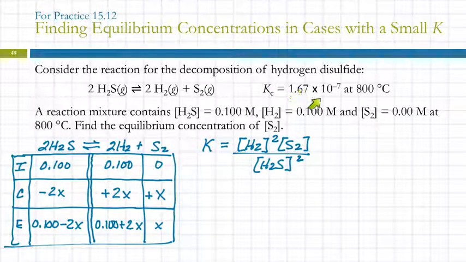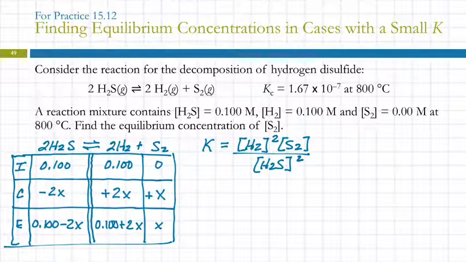This equilibrium constant is very small, and so that tells us that this reaction is going to favor the reactants, right? When this change occurs, the reaction is going forward. And so these x's here are going to be small. This x is also going to be small. We're subtracting it from 0.1.